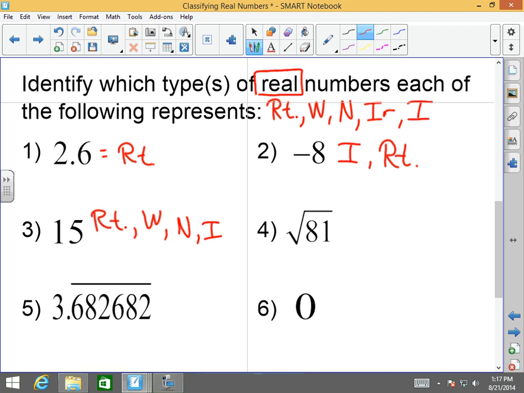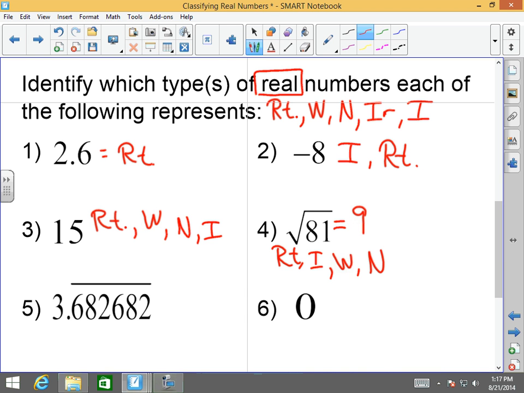What's the square root of 81 equal? Well, what does it equal? 9. Very good. So what kind of category would 9 fall into? Rational, integer, whole, and natural. Excellent. Excellent. How about number 5, 0.6 repeating?